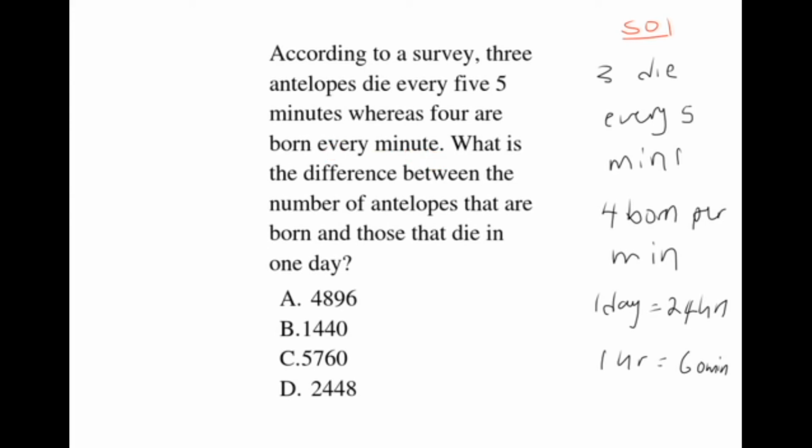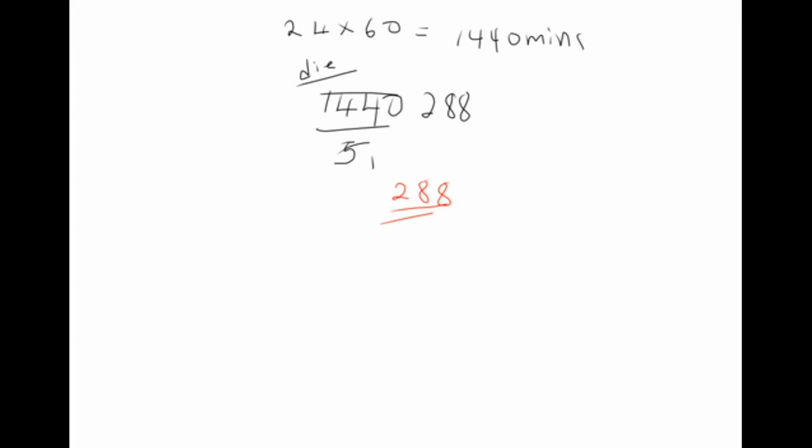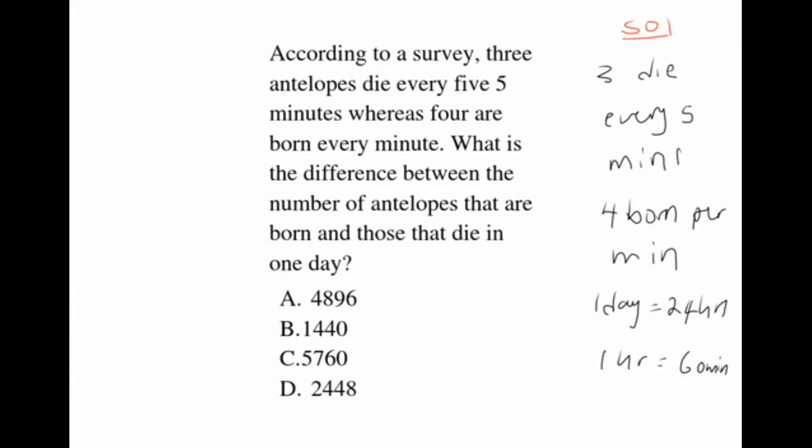Therefore, we take 24 hours, which are in a day, and each hour has 60 minutes. We multiply by 60. We get 1440 minutes. And then we are told that 4 are born per minute.